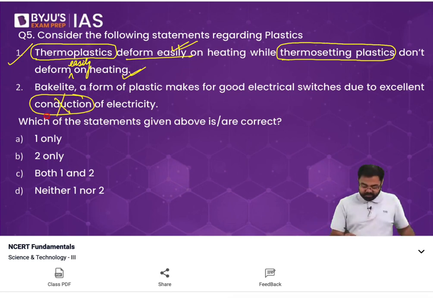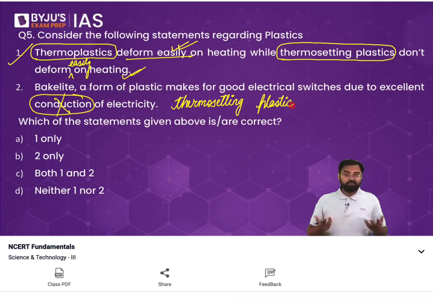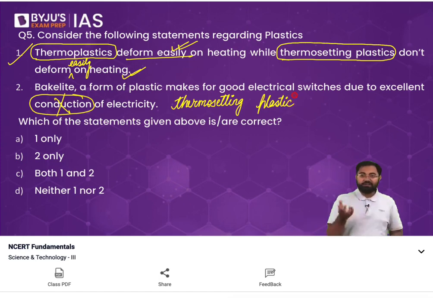Bakelite basically is also a kind of a thermosetting plastic, right? So if something is conducting, you can't use it as a switch, because as soon as you touch it, you will get the electric shock. So that's why never try that. So the correct answer here will be A, that is one only.